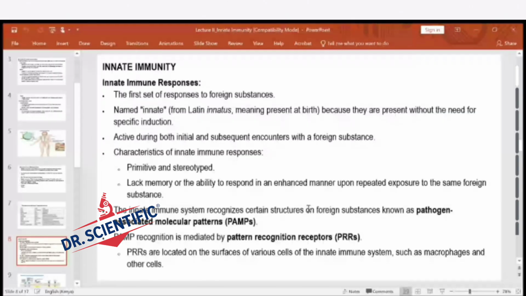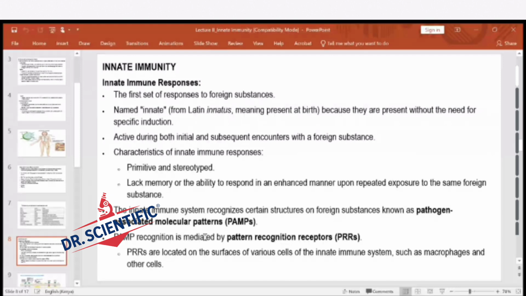And these PAMPs are recognized by pattern recognition receptors. So these PRRs, or pattern recognition receptors, are present on innate immune cells. So the innate immune cells have PRRs that recognize foreign invaders, and these foreign invaders have pathogen-associated molecular patterns, or PAMPs. So these PRRs are present on cells, but PAMPs are present on the foreign invader.